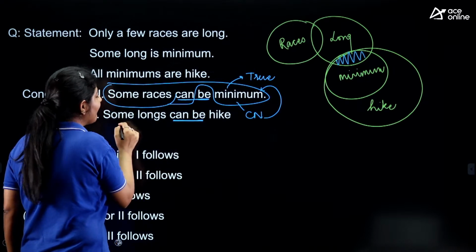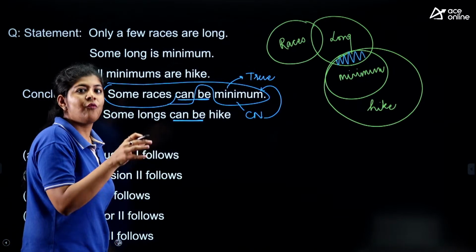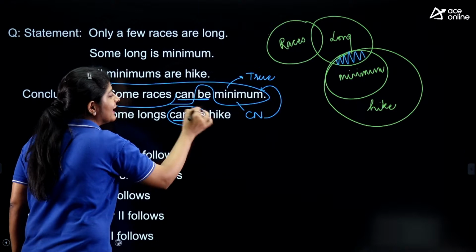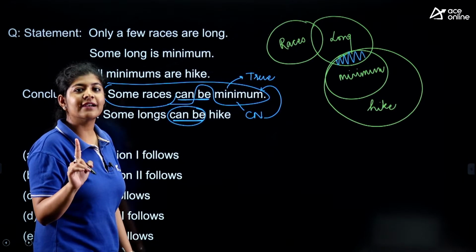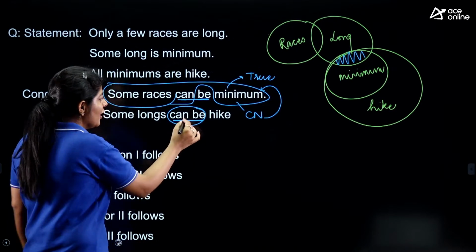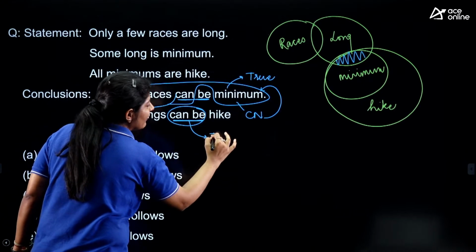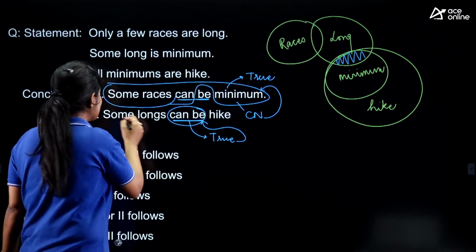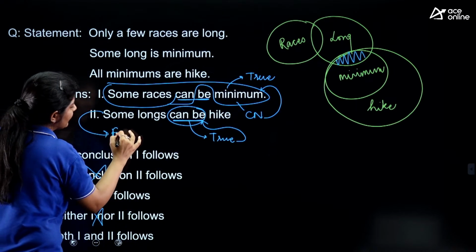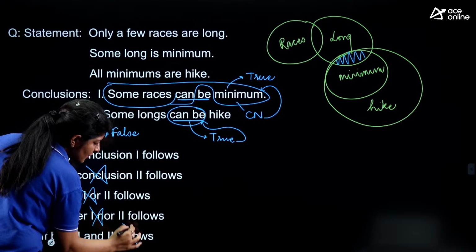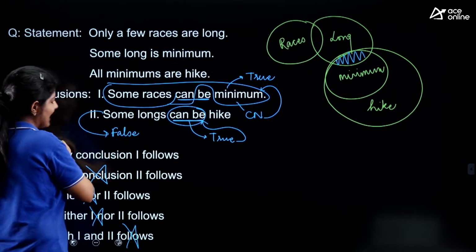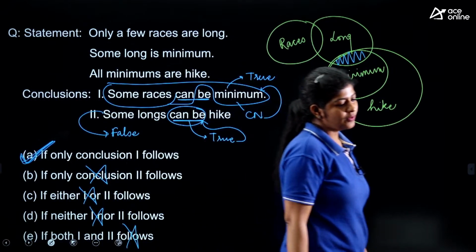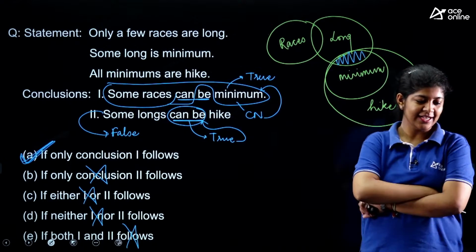But whenever we are having a true statement in a possibility case, it is always considered as false, not true. So because here we are having a true statement given in the possibility case, it is considered as false one. So this option is eliminated. Only option number A is the correct one.